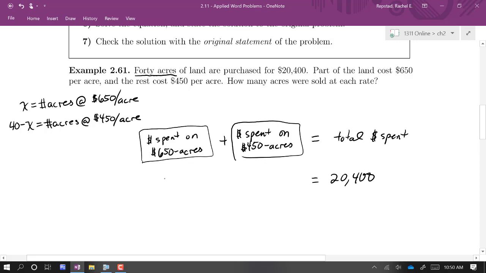So the amount spent on those acres is 650 times x: cost per acre times number of acres. Next, cost per acre times number of acres for this next bit of land is 450 times the number of acres, 40 minus x.